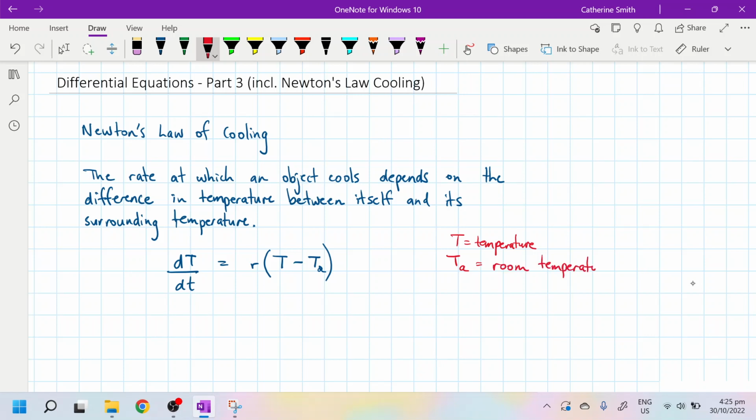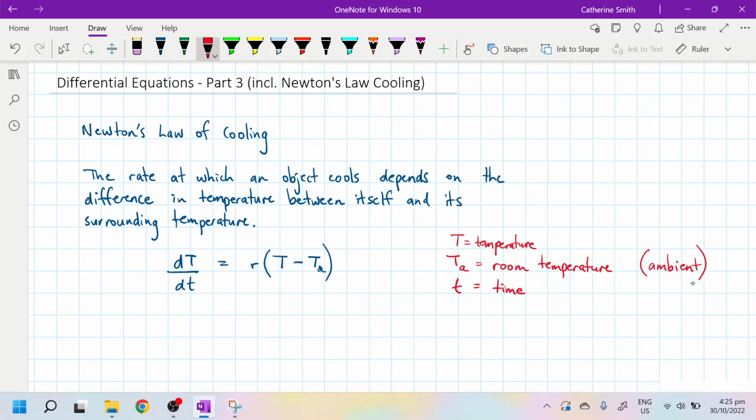I'll put room temperature because it makes more sense, but if it's in a fridge or in an oven, the surrounding temperature would be the environment it's in. So TA, and they use A for ambient, the surrounding temperature. And of course little t is for the time it takes.